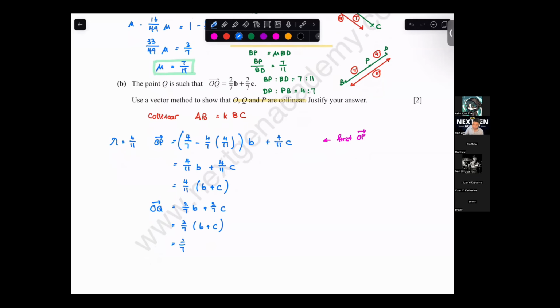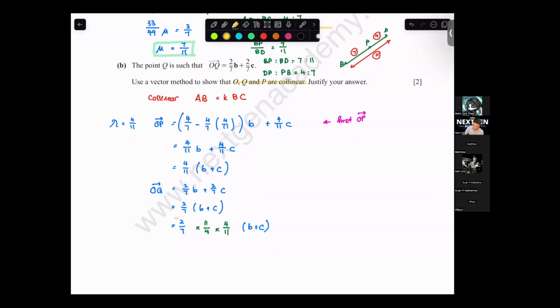For 2 over 7, you want to cause a 4 over 11 (B plus C) to appear. So you can multiply like this: 11 over 4 times 4 over 11, because I want 4 over 11 to appear. Then B plus C. This is the part that I want OP to appear.